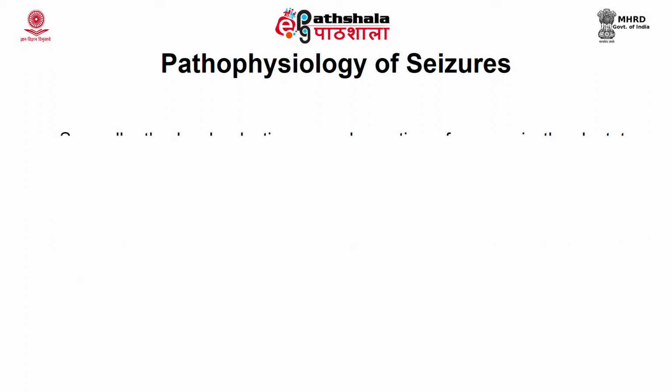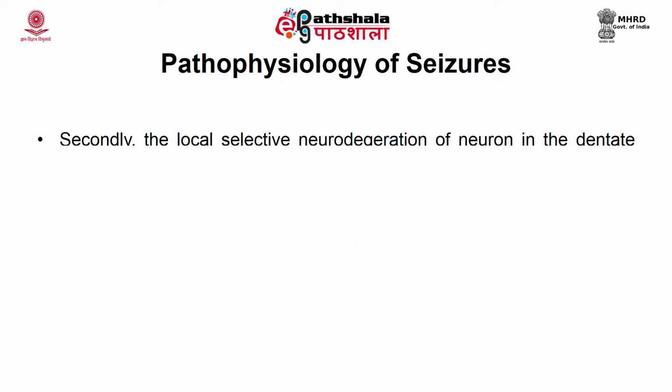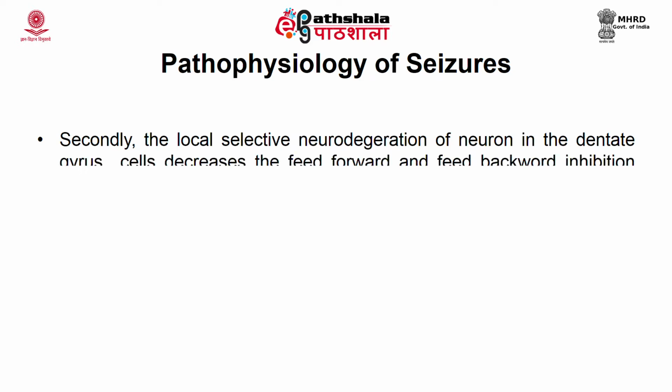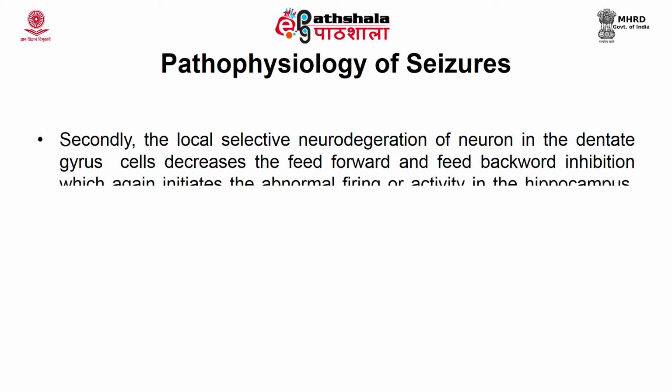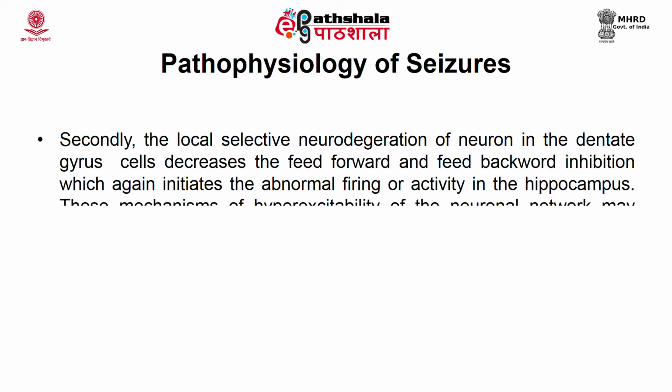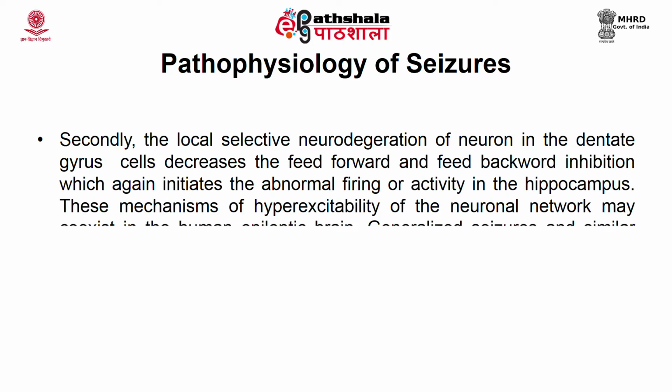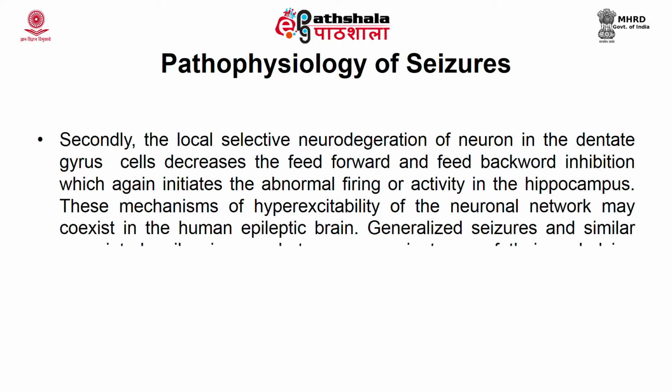Secondly, the local selective neurodegeneration of neurons in the dentate gyrus decreases the feed-forward and feed-backward inhibition, which again initiates the abnormal firing or activity in the hippocampus. These mechanisms of hyperexcitability of the neuronal network may coexist in the human epileptic brain.